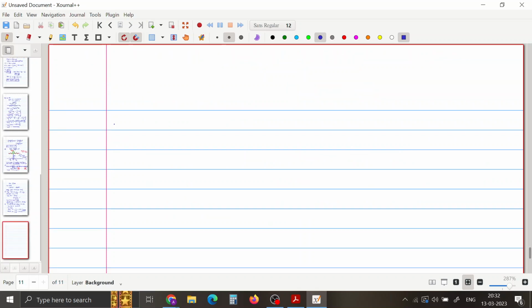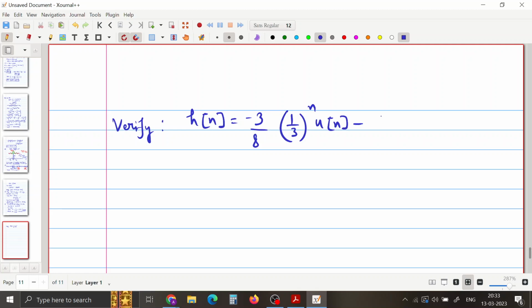And verify that you get h of n as minus 3 by 8 times 1/3 to the power n u of n, plus, oh, so it's minus 3 by 8 times 3 to the power n u of minus n minus 1.